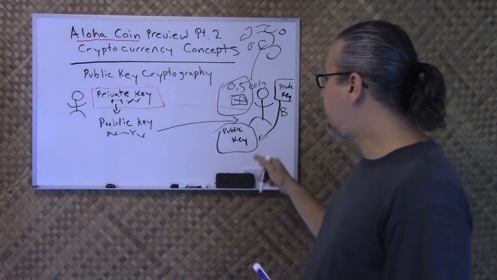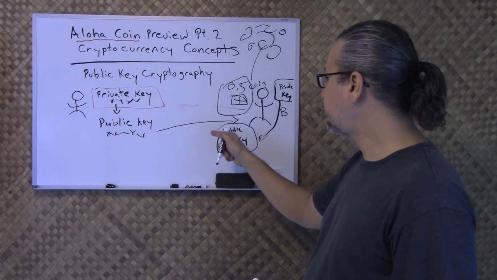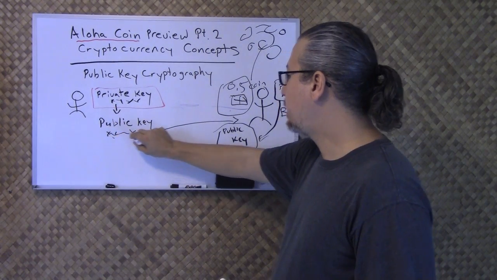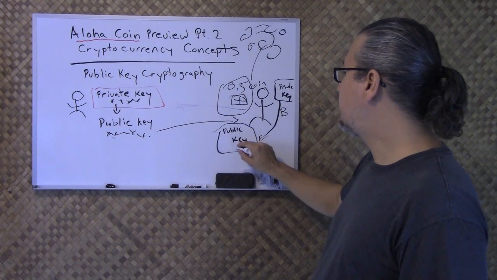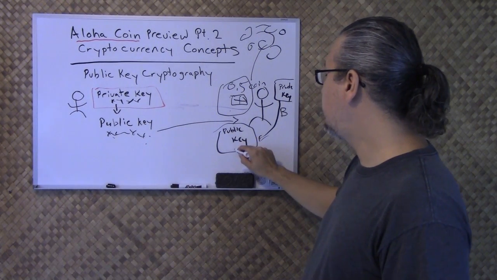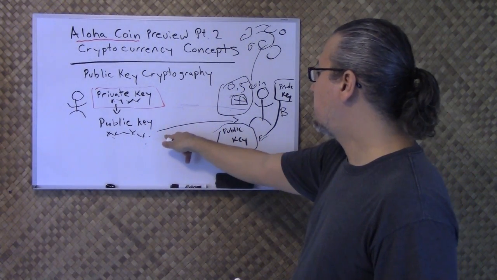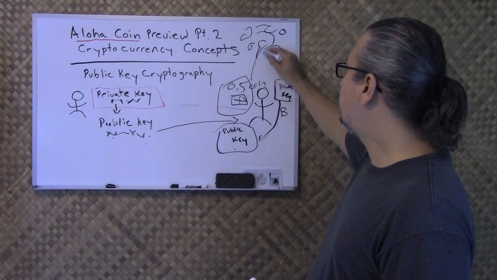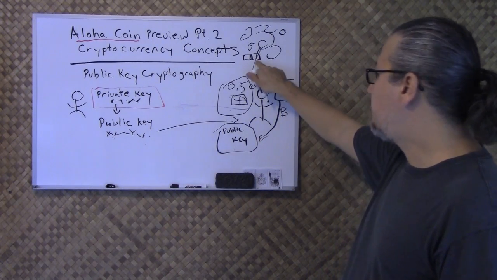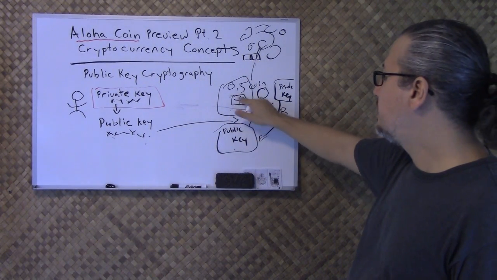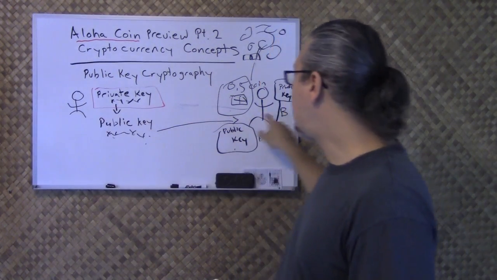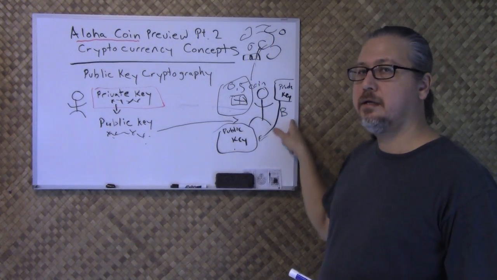So what happens is that your public key, and so you're the receiver of money, the sender of the money, both your keys get recorded into the blockchain ledger, okay? And then everybody knows that this half a coin now belongs to you and not person B.